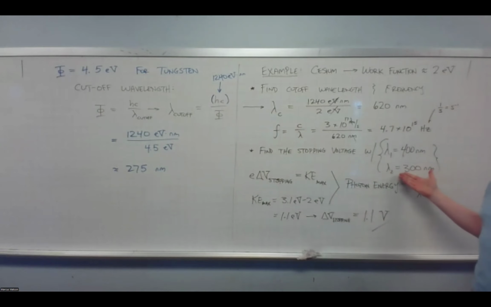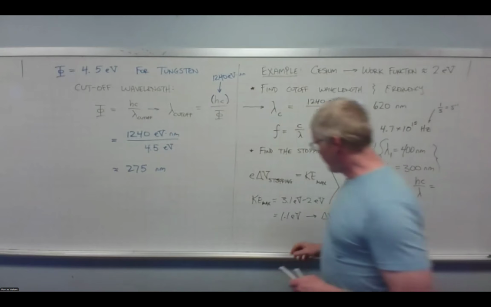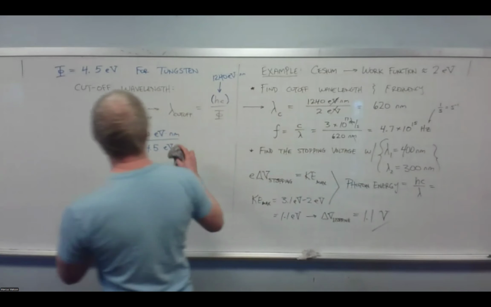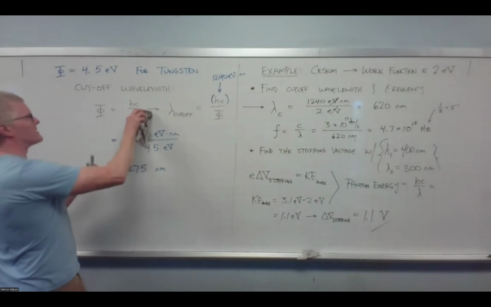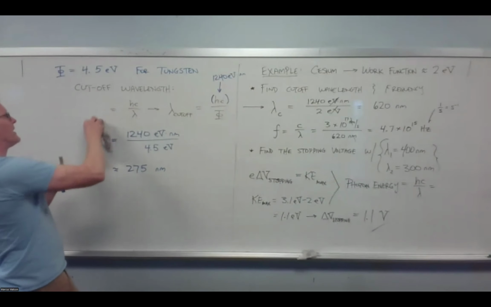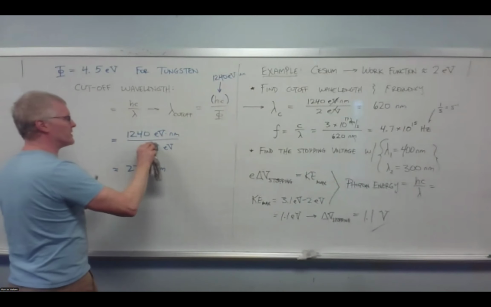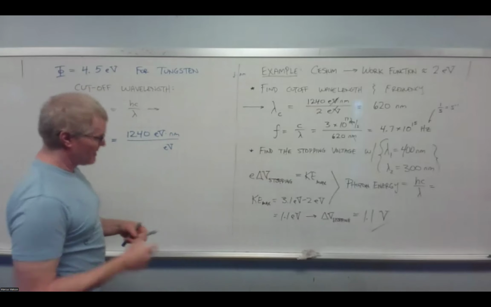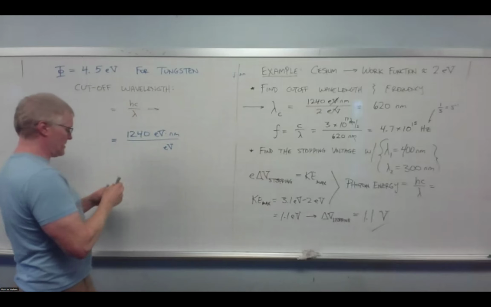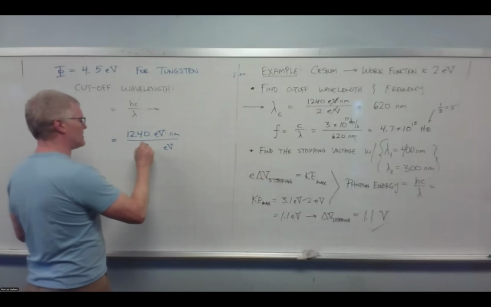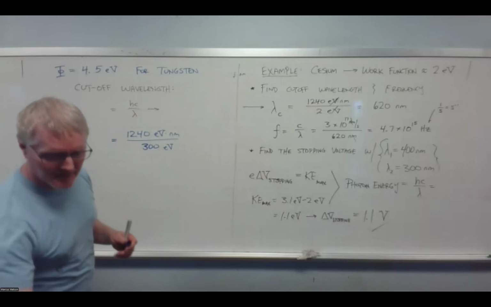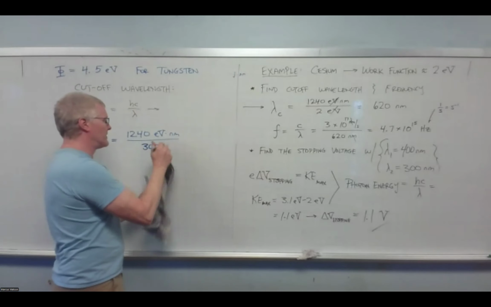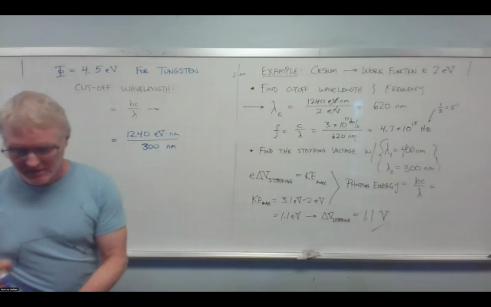Same basic procedure here for the 300 nanometer wavelength. You go in here and say I got 1240 divided by 300. Instead of cutoff and instead of phi, I'm going to do 1240 divided by 300. Oops, that's not in the EV category, that's the nanometer category.